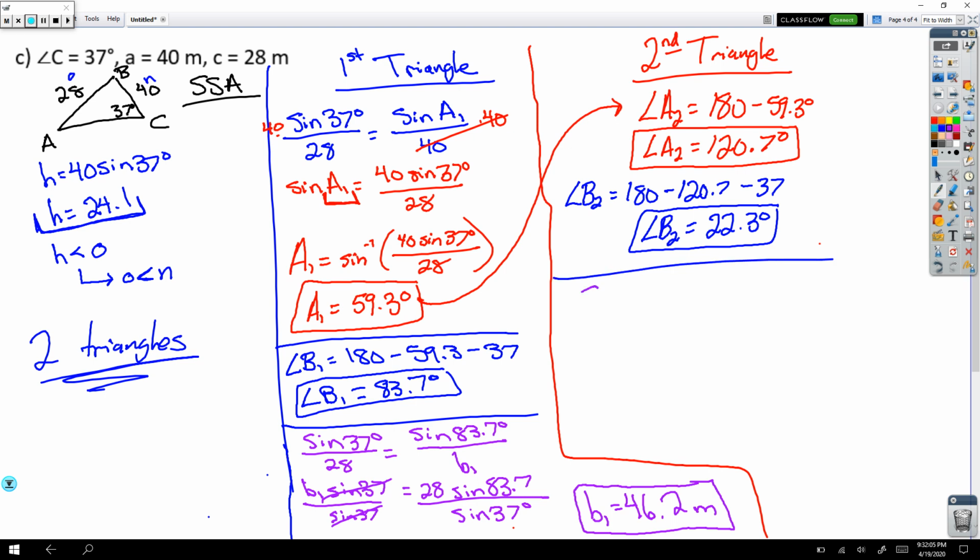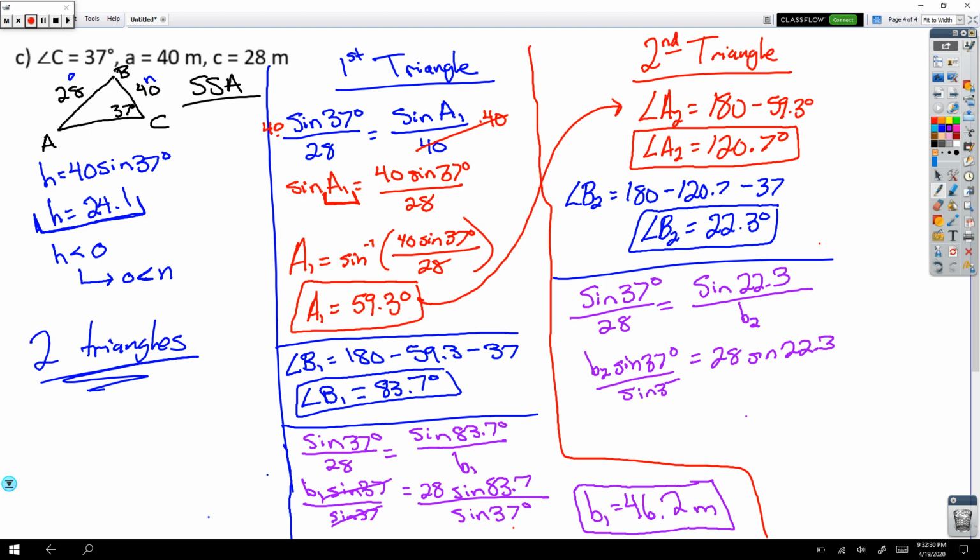So sine 37 over 28 equals sine of 22.3, right? I'm going to do the B's. Little b sub 2. Cross multiply. And divide by sine 37 and cancel that out. So b sub 2 is going to equal 17.7 m. Alright, and then we're done.